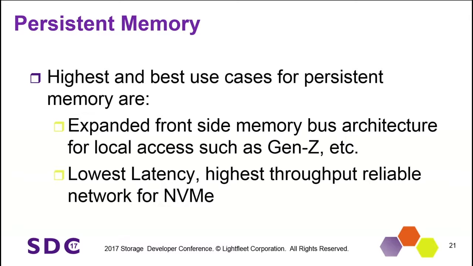But also, when you start talking about persistent memory in terms of NVMe, having the lowest latency, highest throughput solution over a reliable network also has a lot of benefit. Again, not losing any of that data, being able to move it reliably across the network, and handle the NVMe over Fabric protocol in a reliable way would have particular performance benefits.